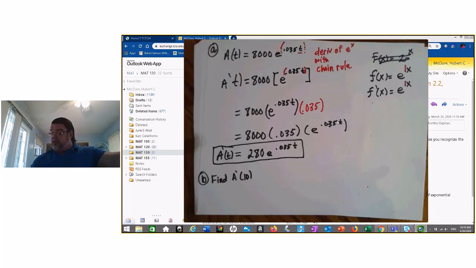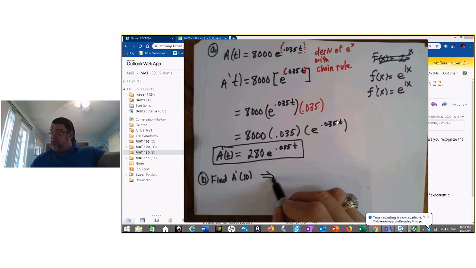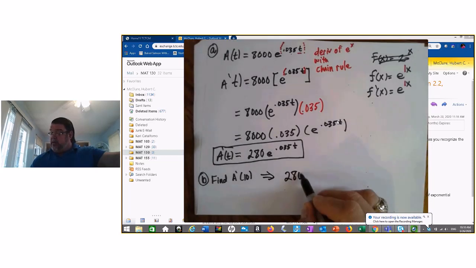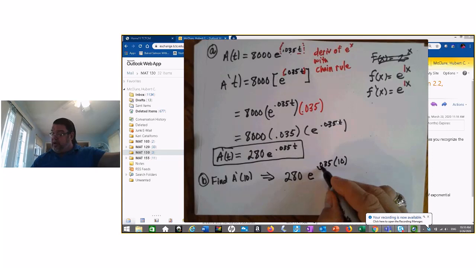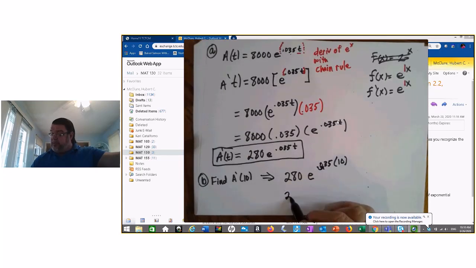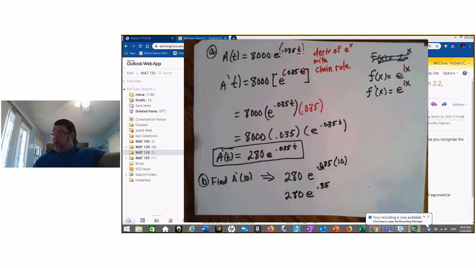So I'm going to do 280 e to the 0.035 times 10. Of course, you don't have to use a calculator for the exponent. You just move that decimal one place to the right. Please don't use a calculator for that, because that will put a sign around your neck that says, I don't know simple mathematics. Okay? And now put this in the calculator. And I got 397.34.